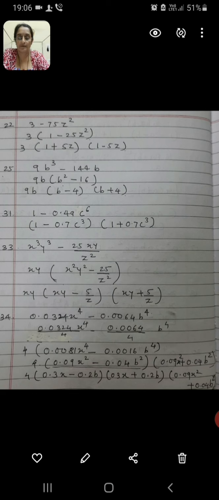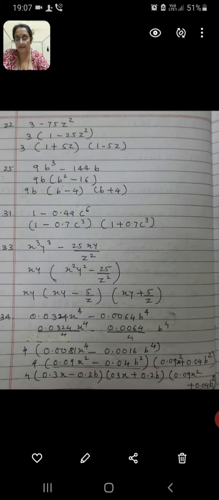X square y square will remain, minus 25 will be as it is, xy we already took outside the bracket, and z square will be as it is. Now root of the bracket terms. Root of x square y square is xy, root of 25 upon z square is 5 upon z. So once you put it positive, once you put it negative. Fine. Let us go to the next one.